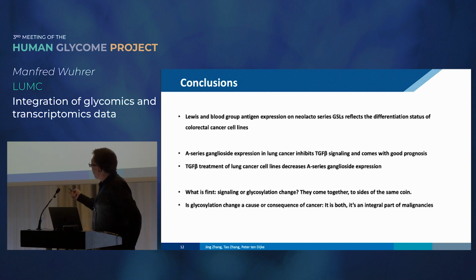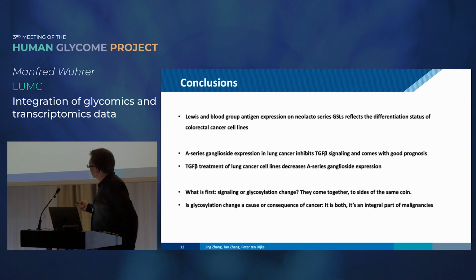Regarding the colorectal cancer, what I showed you is that Lewis and blood group antigens are differentially expressed in colorectal cancer cell lines, and so they reflect the differentiation status of the CRC cell lines. Now, if we look at the TGF-beta signaling, A-series ganglioside expression in lung cancer inhibits TGF-beta signaling and comes with a good prognosis.